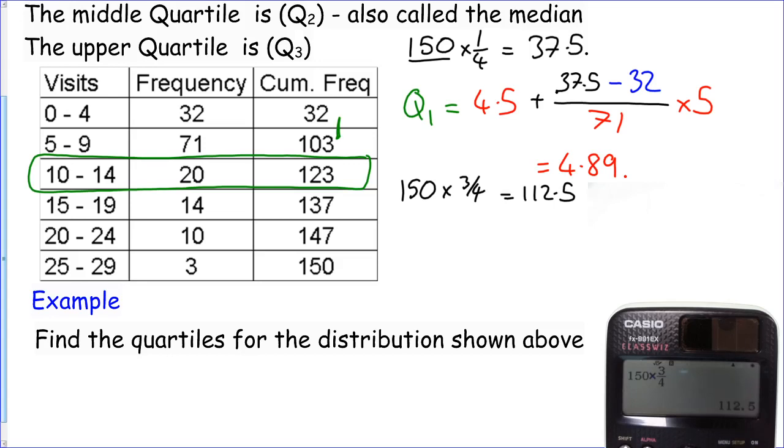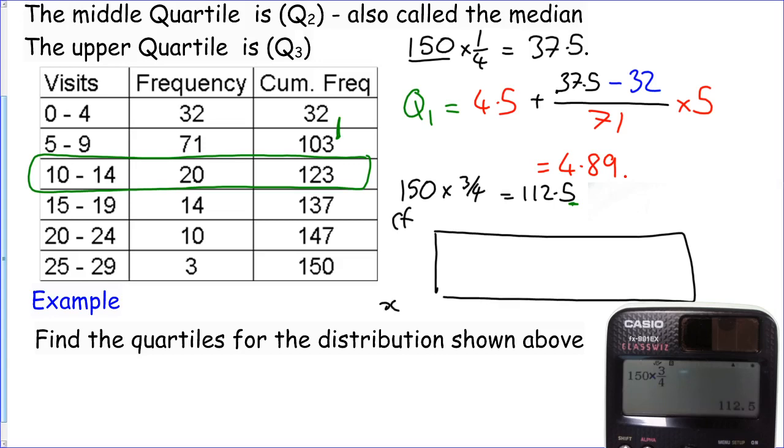Because this is the method for grouped data, we're not going to round this up or do anything to it. This is the number we're going to use. The lower bound for this class is 9.5. For this one, I think I'll use the box method, but if you want to keep using the formula, you're welcome to. On the top of our box method, we have cumulative frequency, and on the bottom we have x.